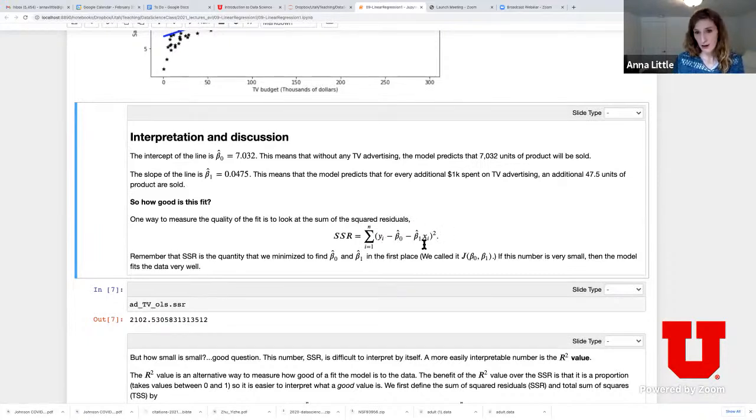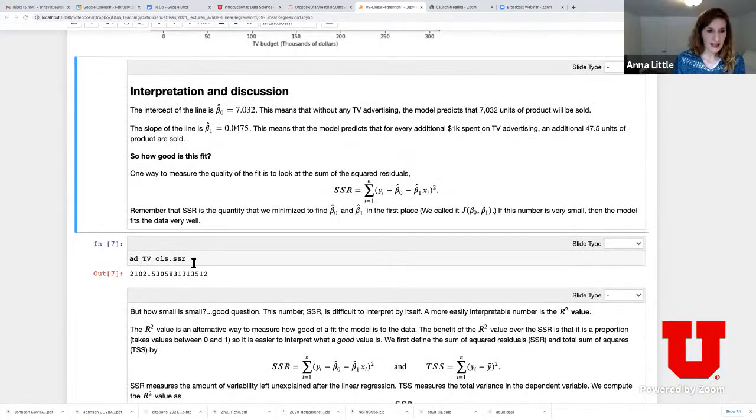These are our y values minus our predicted y values. But this in and of itself is not super helpful because it of course depends on the scale of the data and the units that we use, etc. So this is an important quantity, but we need to kind of reformat it in order to interpret it in a useful way. In our example, the sum of squared residuals is 2,102, but is this big? Is this small? Who knows?